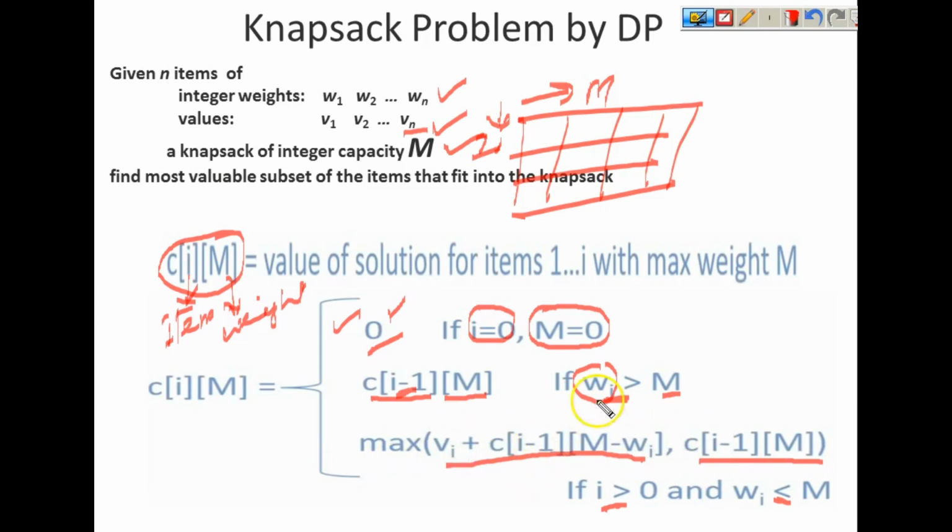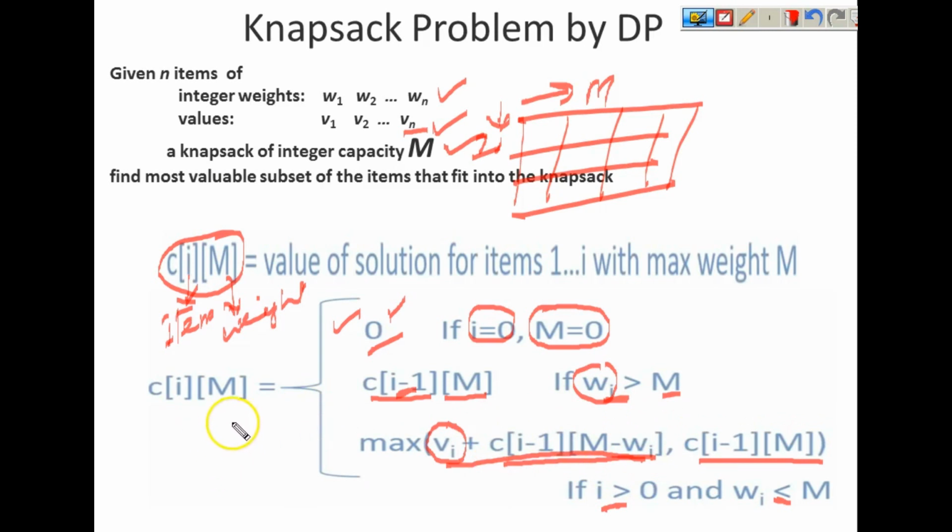Whenever you pick an item whose weight is less than the knapsack, we have to check the value of this item, and also find the value of the remaining weight.